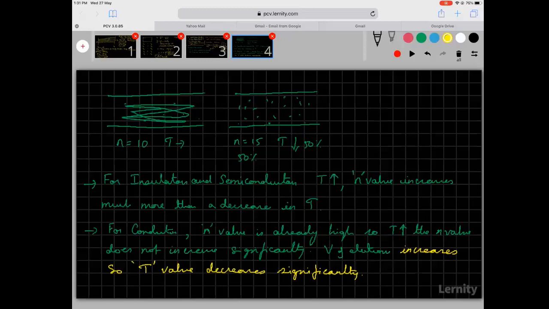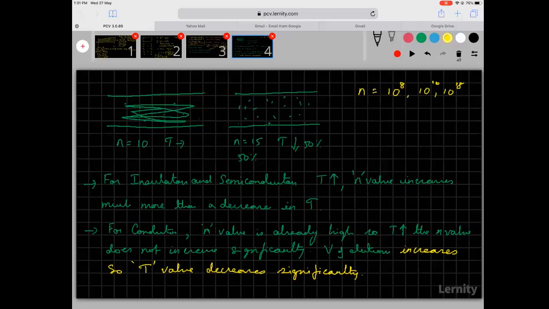For conductors, the N value is already very high: 10 power 8, 10 power 10, 10 power 18. I have not told any units, to be on the safe side. So by increasing temperature, you won't change the N value much.